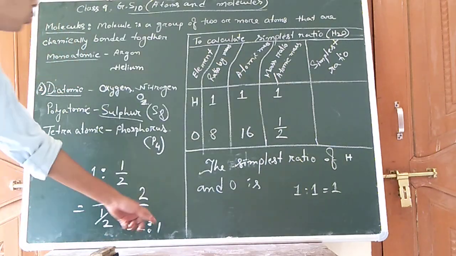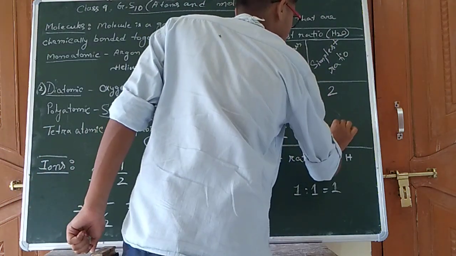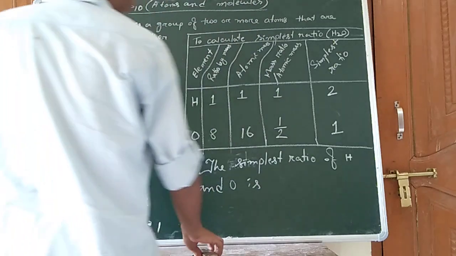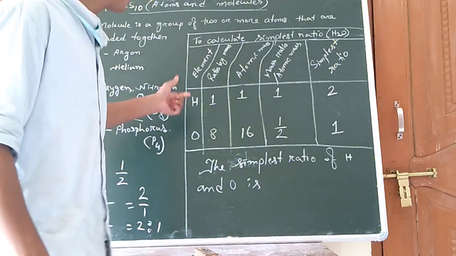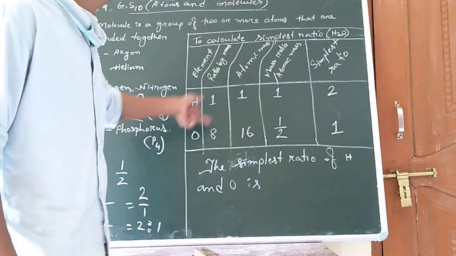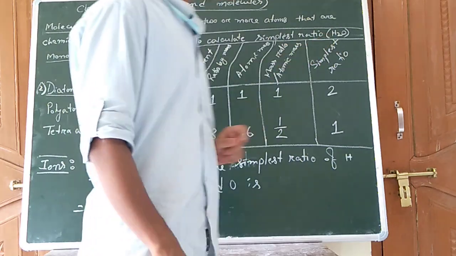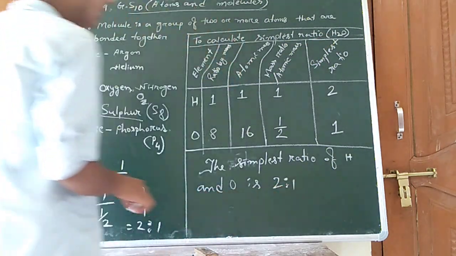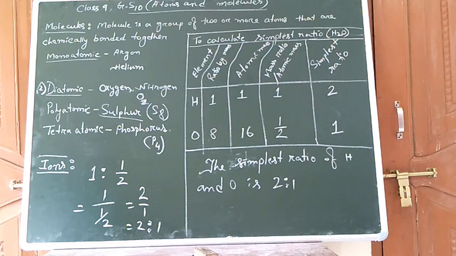So the simplest ratio of atoms of hydrogen and oxygen in the compound H2O is 2:1. Like that we can calculate the simplest ratio of a compound.